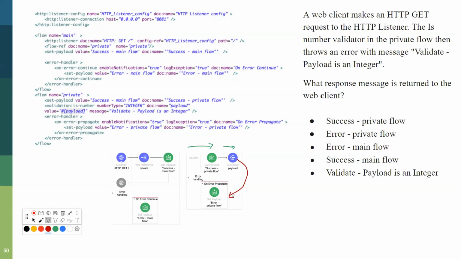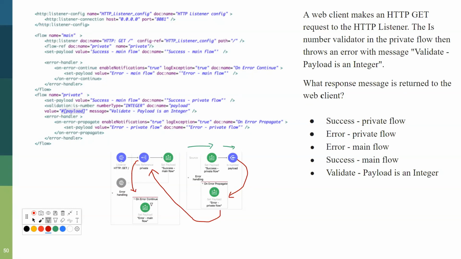We are setting a payload there, and on error propagate rethrows the error. So this on error propagate is read in, read out, which means it will come with an error object to this flow reference. And still, since there is that error object, it will get rethrown to the error handler in the main flow. So it will come still read.